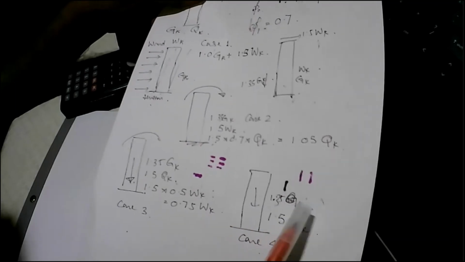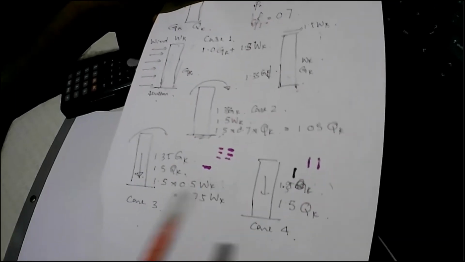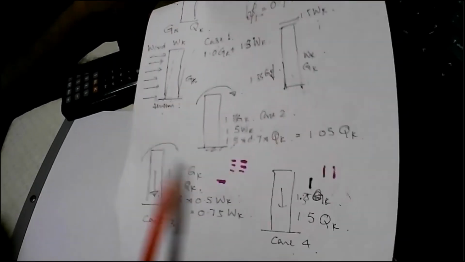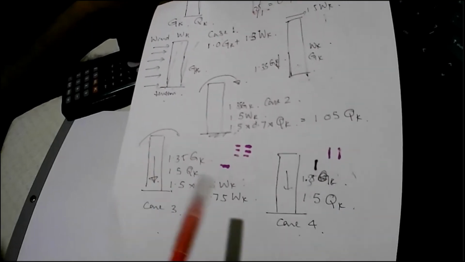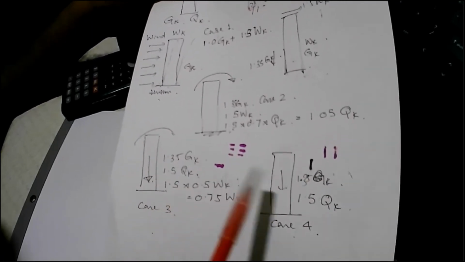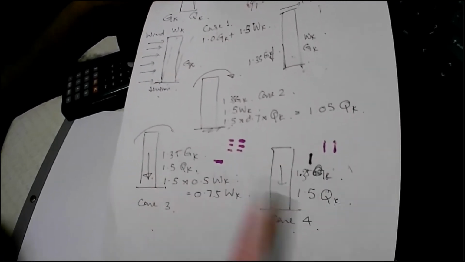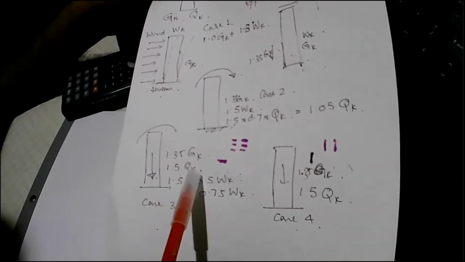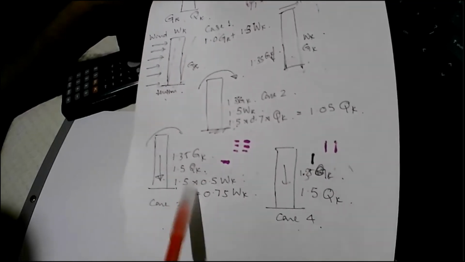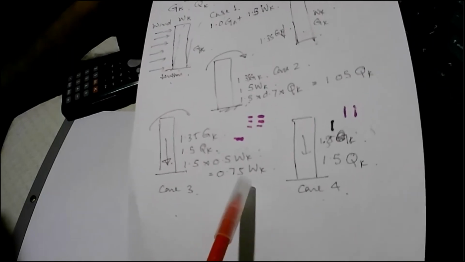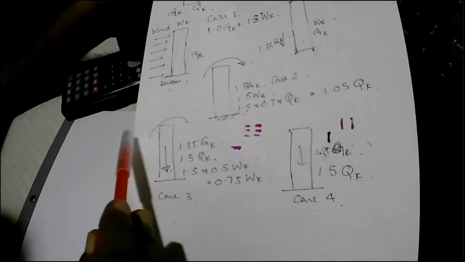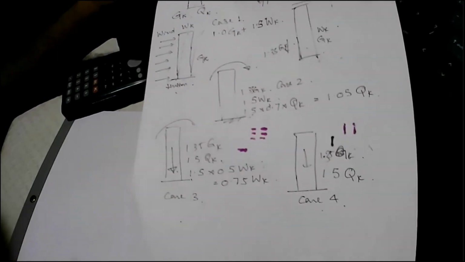And in addition to that, we will consider 1.35 GK plus 1.5 QK. That case will not be critical because you can clearly see the other case is more critical than this one. The reason is, here you get 1.35 and 0.75 QK, but there's an additional load here, and we apply this load in both the X direction and minus X direction.